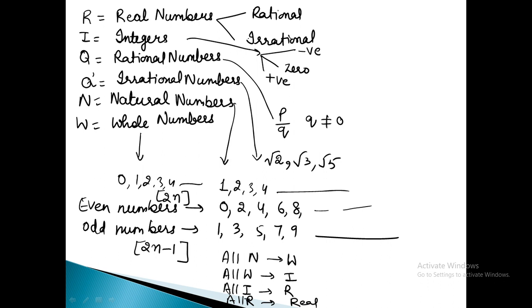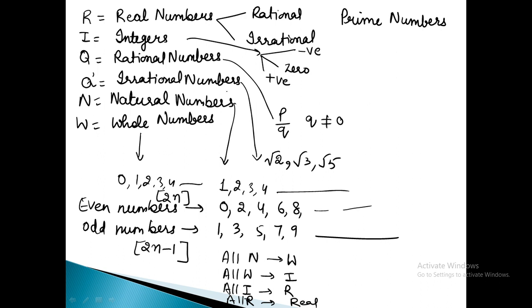Now next, prime numbers. Prime numbers are those natural numbers which are greater than 1 and which are divisible by only 1 and the number itself.